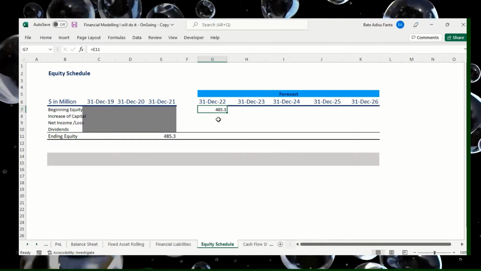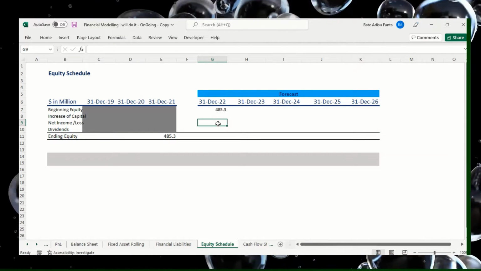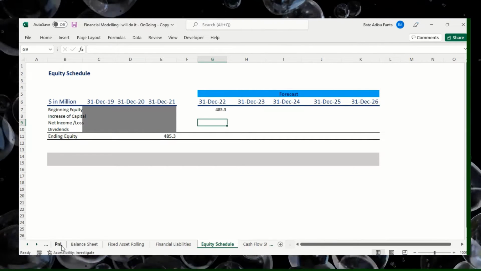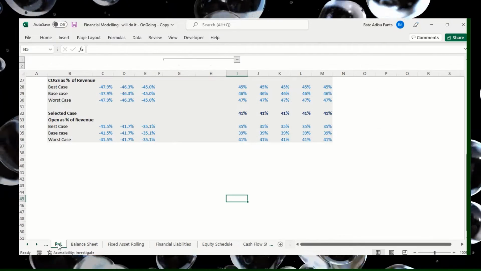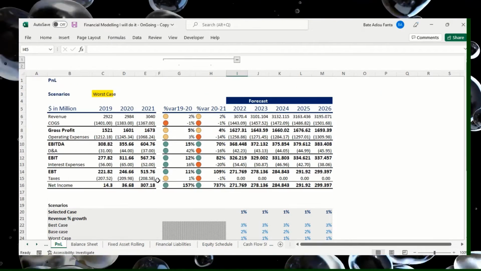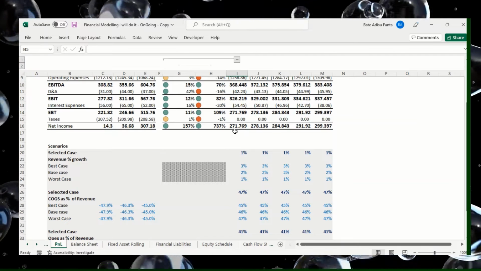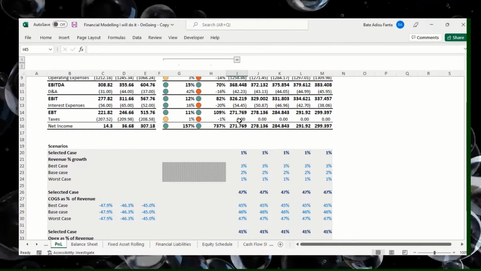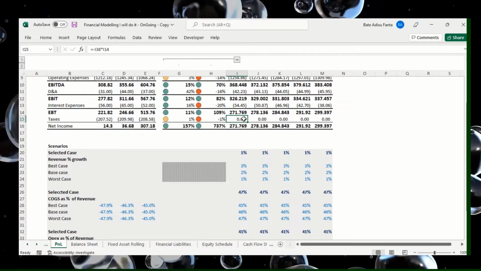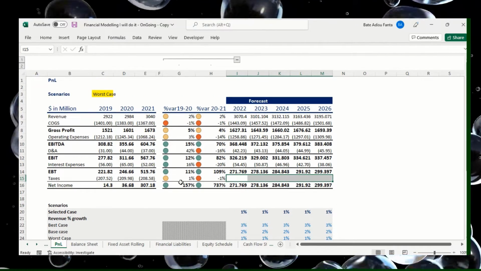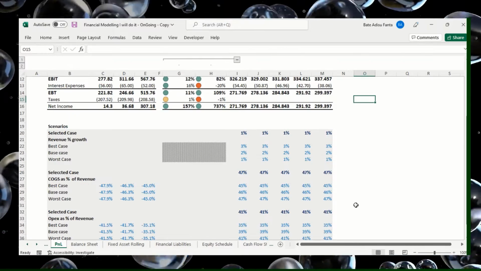we have to calculate net income. Net income is from P&L statements. But if you come here, we don't have taxes here. Taxes are zero, or taxes are not yet calculated. So we have to first calculate taxes.